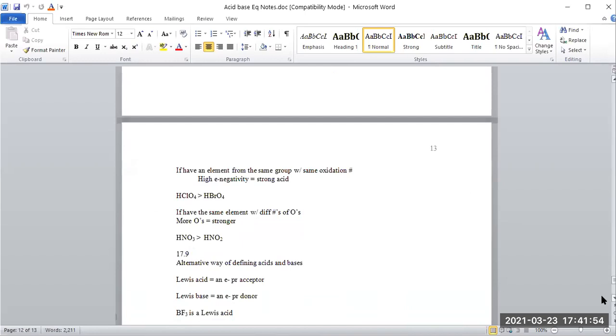So with HCl, a higher value for the electronegativity means that it's going to be a little more polarized. Okay, so HClO4, again, we're harking back to one of those known four strong acids. HBrO4 is a little wimpier.